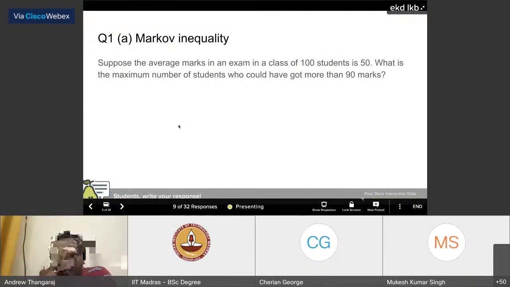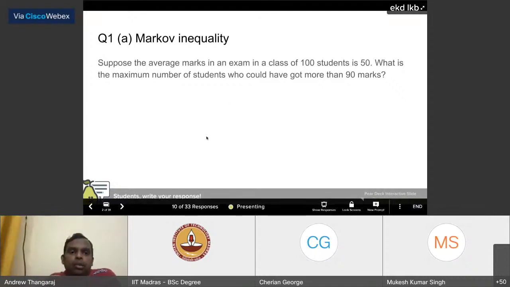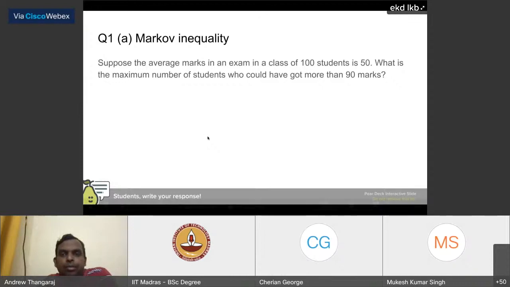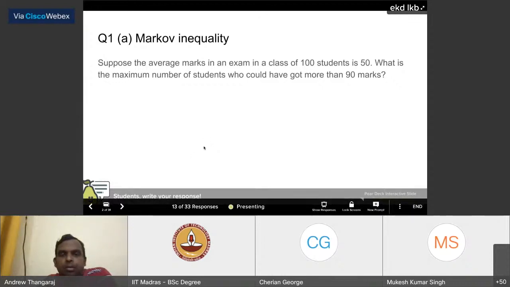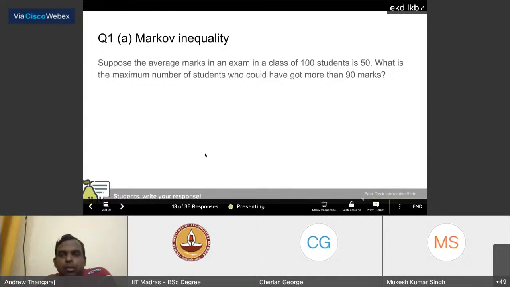We wait for at least 10 or 15 or so and then show you. It's sort of a basis for the Markov inequality, like asking this simple question.